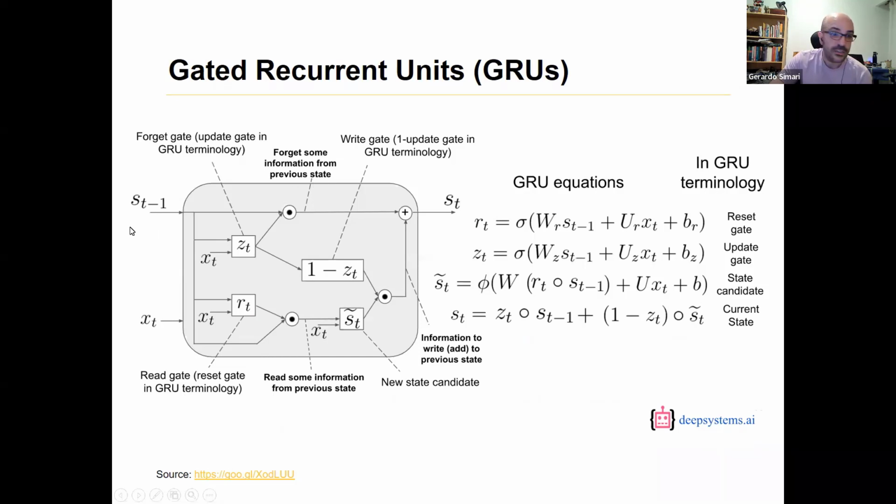Simply, like the person asking the question just now was saying, we have these update or forget gates, update gates in the GRU terminology. They will control how much of the new candidate is being incorporated.